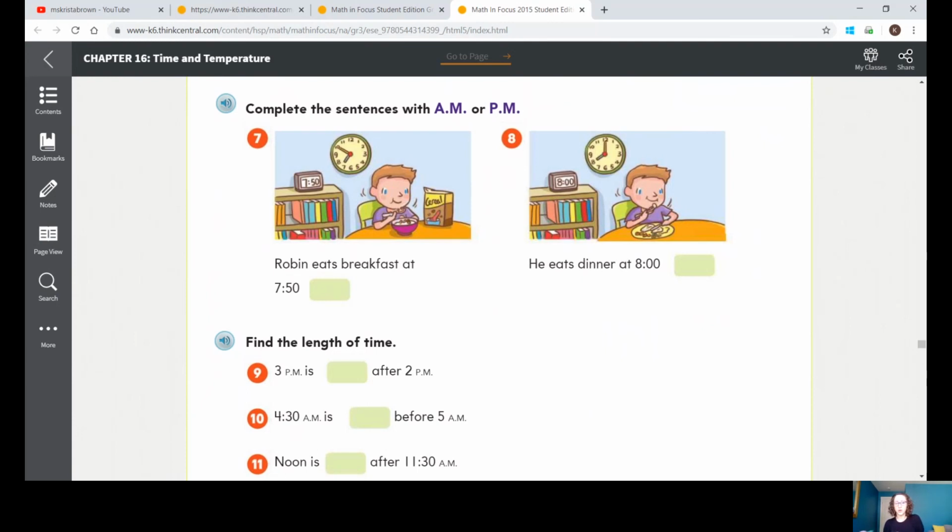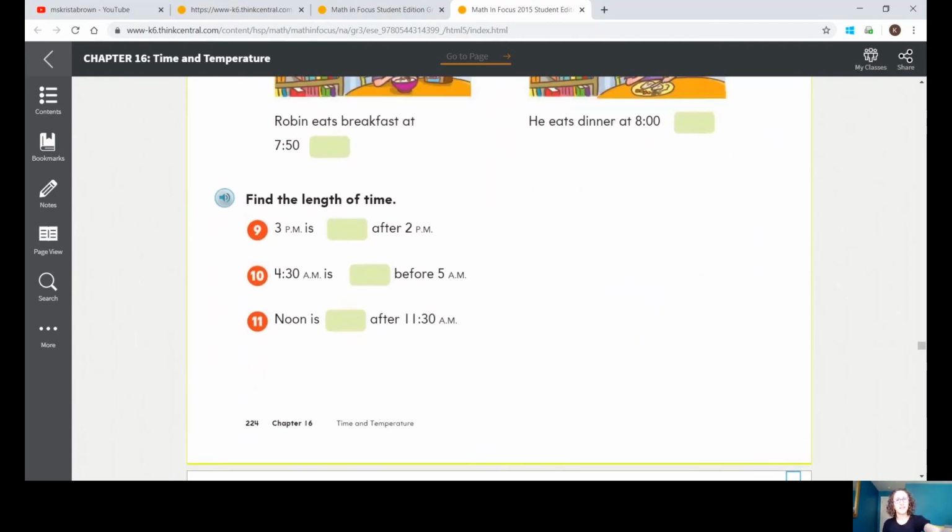You said AM, you are on it. Number 8, he eats dinner at 8. AM or PM? PM, I almost said it. Number 9 through 11 says, find the length of time. 3 p.m. is blank after 2 p.m.